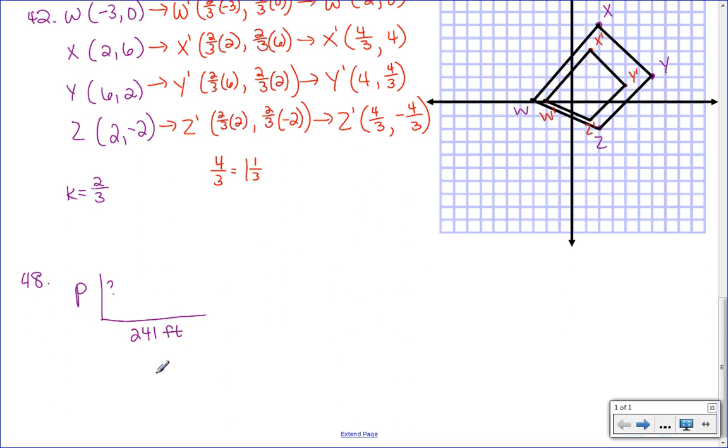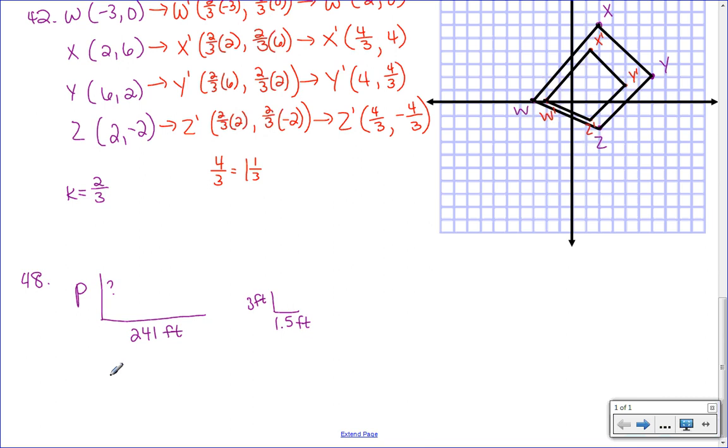At the same time, we have a yardstick, and since the length of the shadow of the yardstick is in feet, let's change this so that we're not talking about 1 yard, but actually 3 feet. So the yardstick casts a shadow 1.5 feet long.